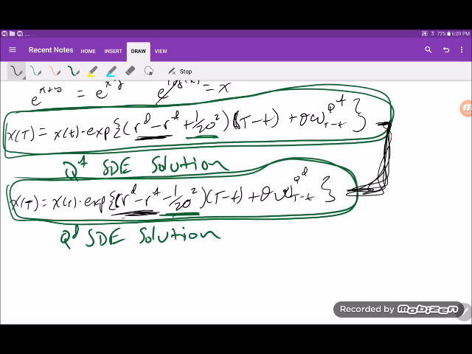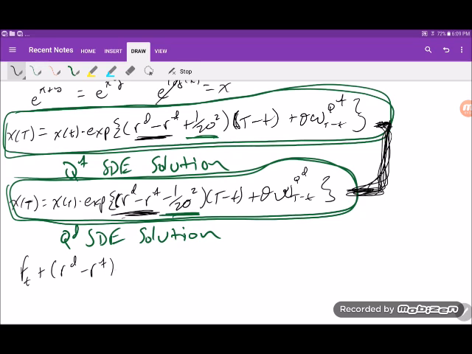So let me write, just so we have it here. We have the two important solutions. We also had, from the very first video, the PDE. Here, if you recall, I'm using subscripts to denote partial derivatives.